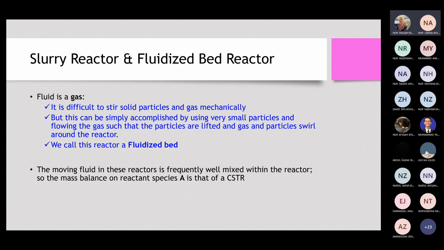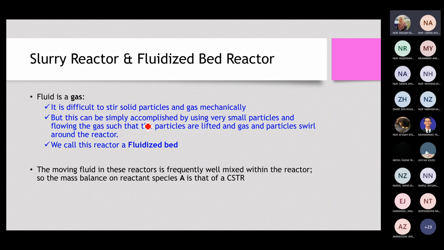So what is the reason behind using a fluidized bed reactor? If the fluid is a gas and we want to react it with the solid catalyst, it is difficult to stir solid particles and gas mechanically.